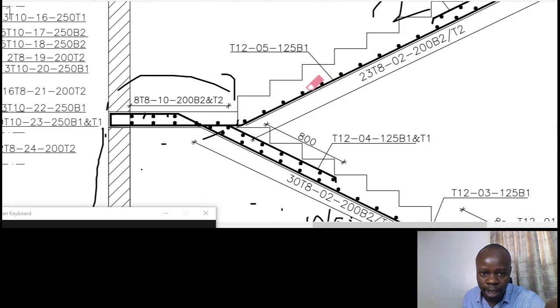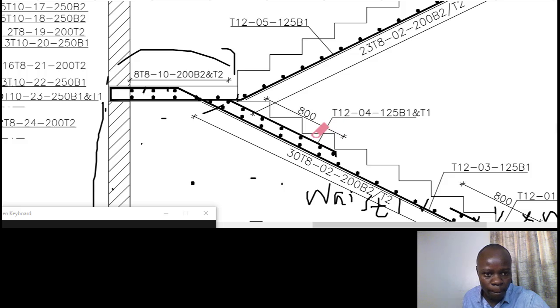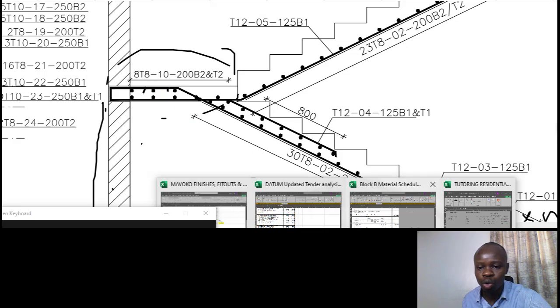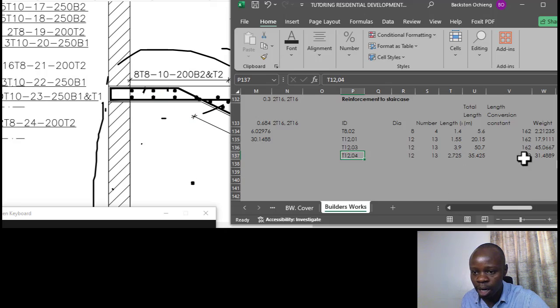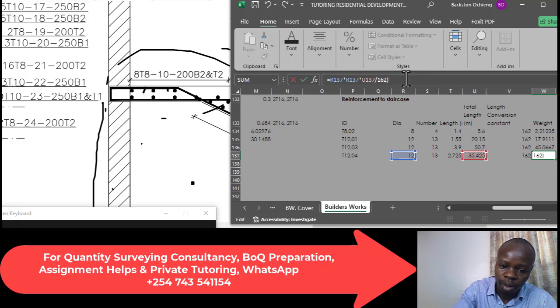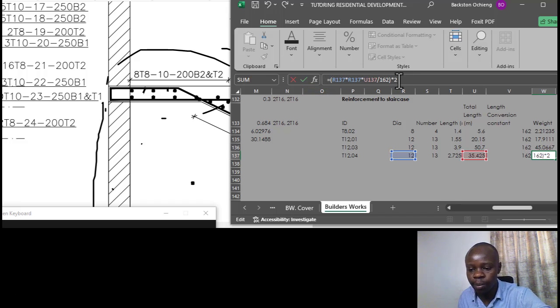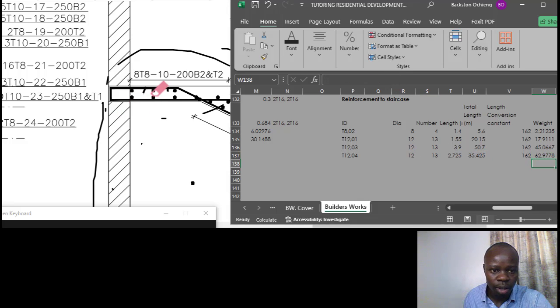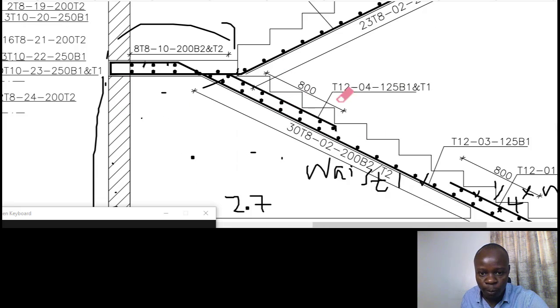We take that bar and adjust for what we have for the second flight. We need to multiply the weight that we have times 2, because of the landing adjustment. Alright, so that was bar mark number 4.